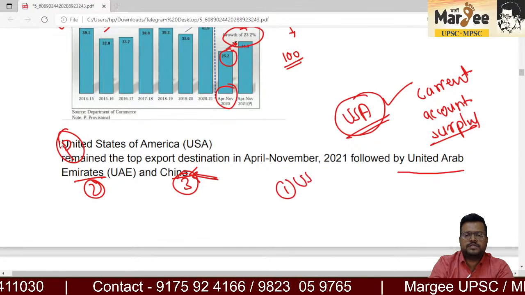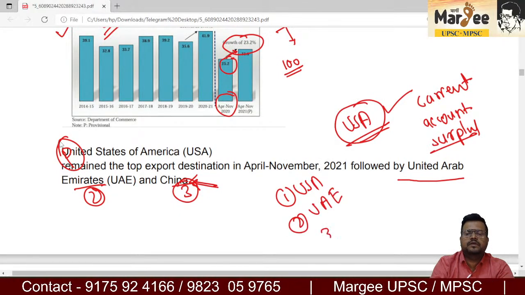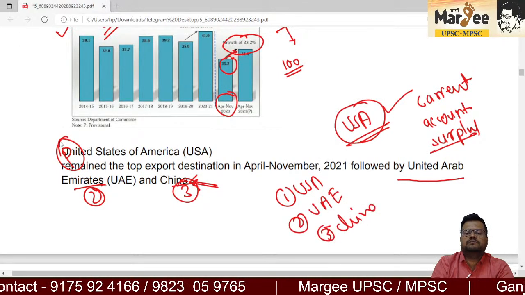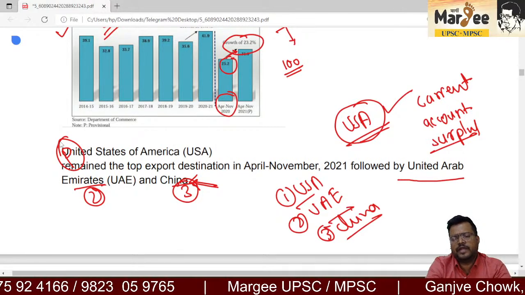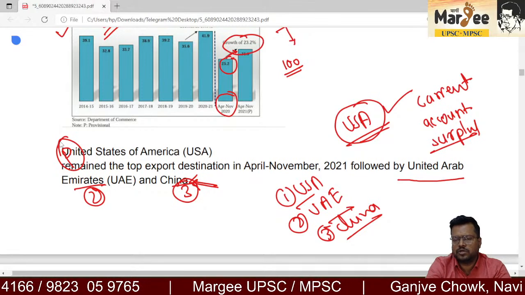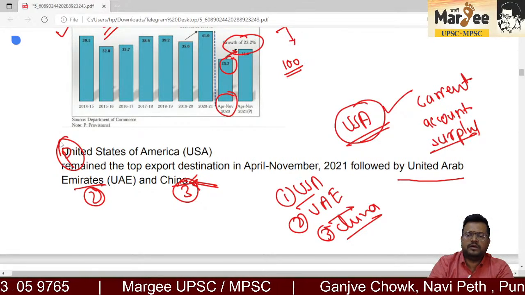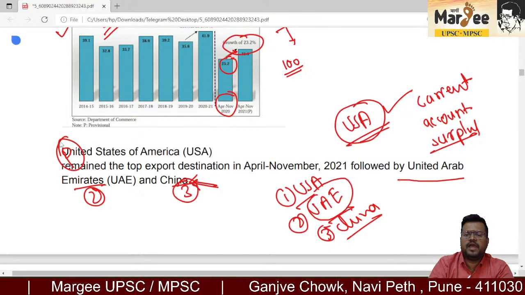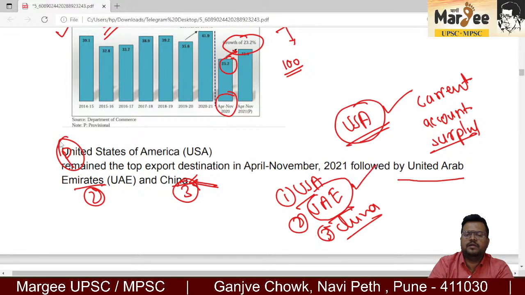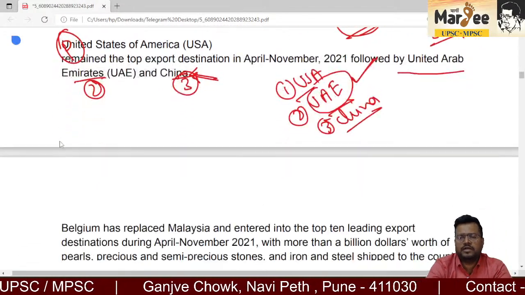So first is USA, second is UAE, and third is China. These are top 3 export destination in context of India. या देशांना आपण सगळ्यात जास्त एक्सपोर्ट करतो. If you are following newspaper regularly, you must be aware that we are having trade agreement with UAE. So UAE is important trade partner for us.